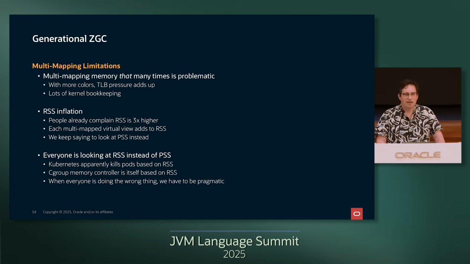But in the end, it turns out that everyone is looking at RSS. The containers look at it, and the cgroup memory controllers themselves are looking at RSS. So at some point, I think we had to accept that everyone is doing the wrong thing, and so we have to change something.